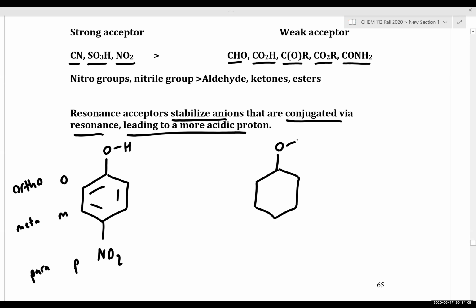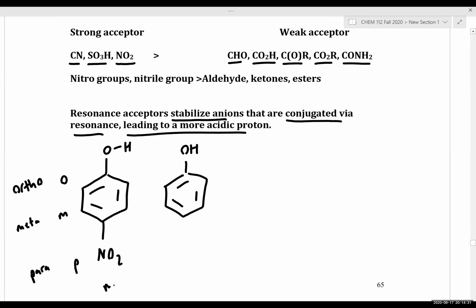So for example, let's just look at the para example for now. If we compare this para-nitro compound to just normal phenol, this para-nitro compound is substantially more acidic.